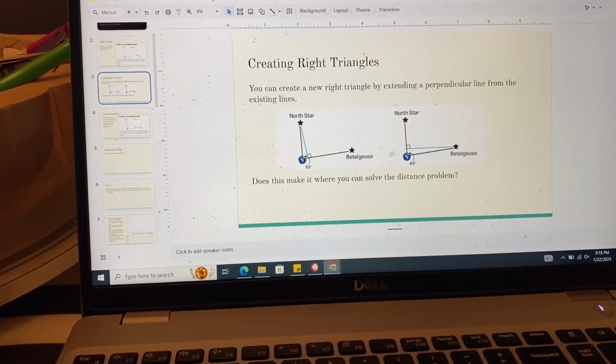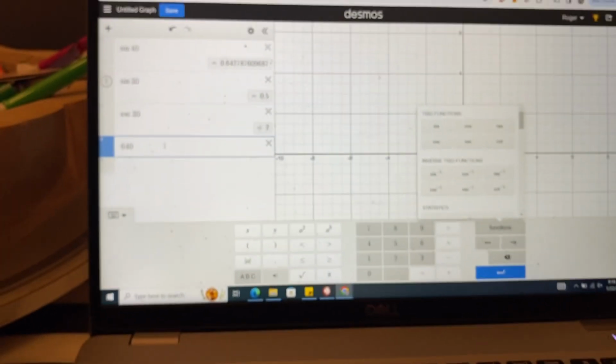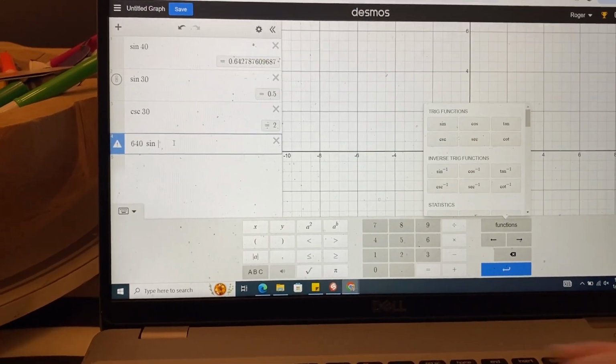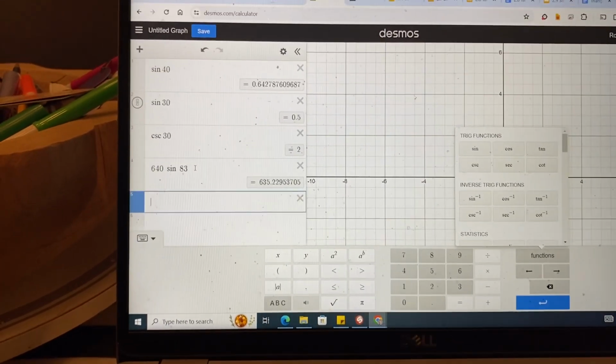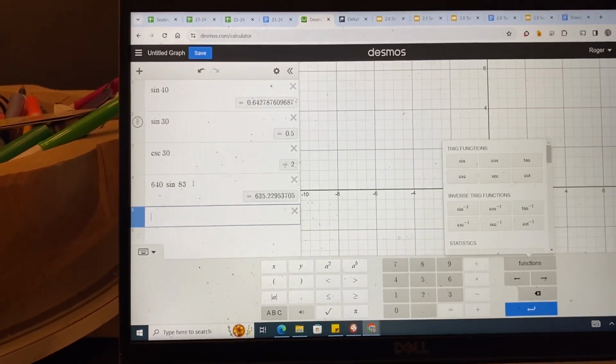So 640 times the sine of 83. When I type that in, 640 times the sine of 83, I'm going to get 635. So it's a similar kind of distance.